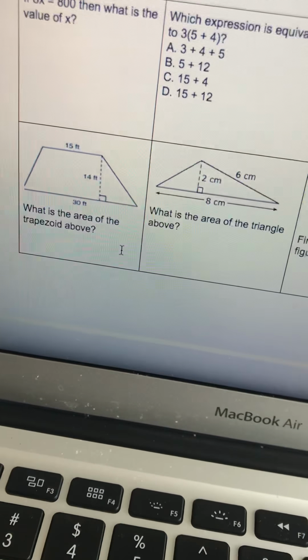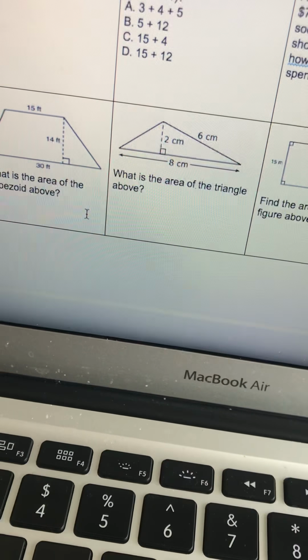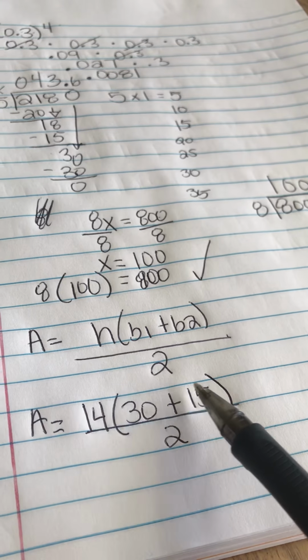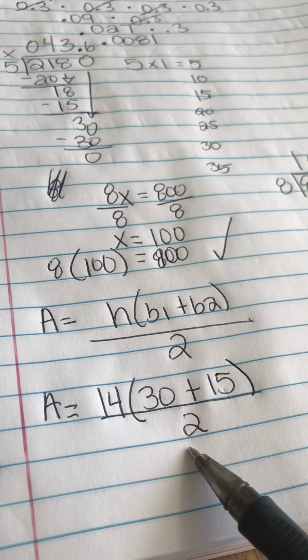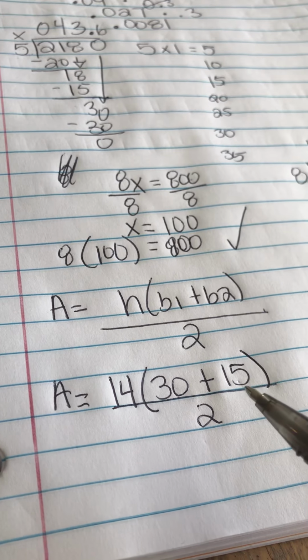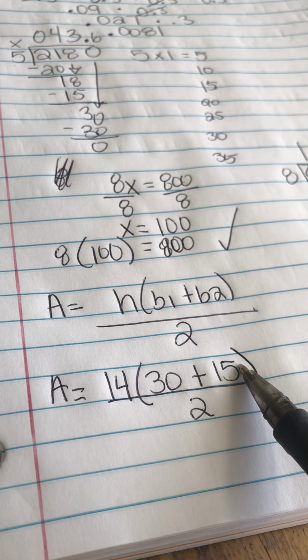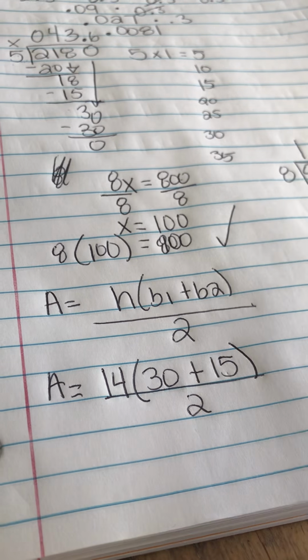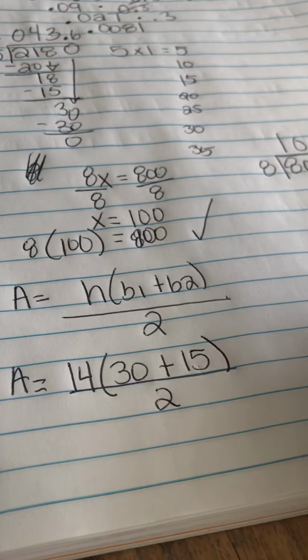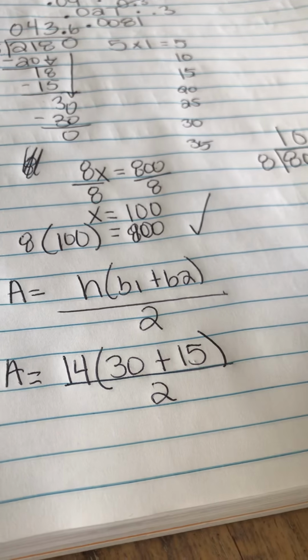You would still get the same answer, and it's inside those parentheses. So we have our height, base 1, base 2, and then you divide it by 2. We follow order of operations to do this. So 30 plus 15, we do what's in our parentheses first, and we get 45. Okay, 45 times 14.